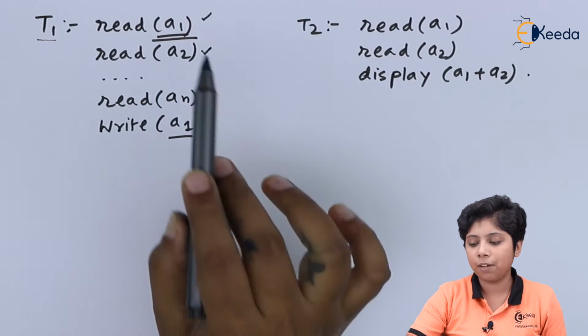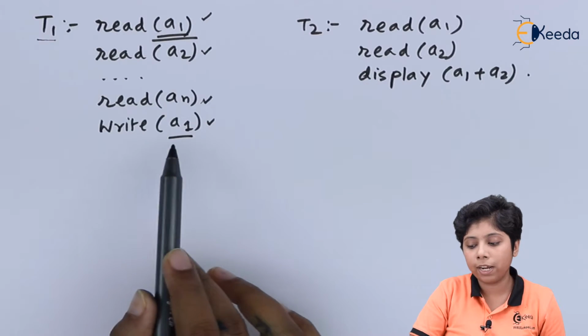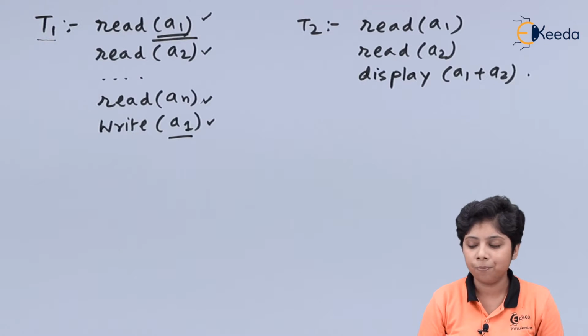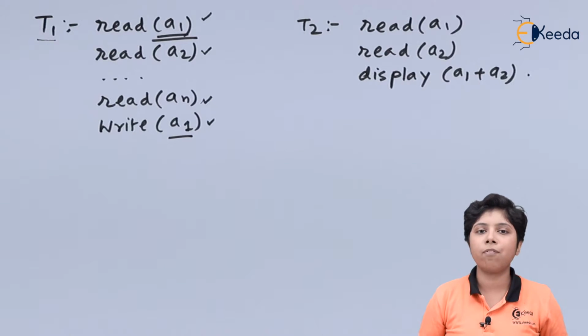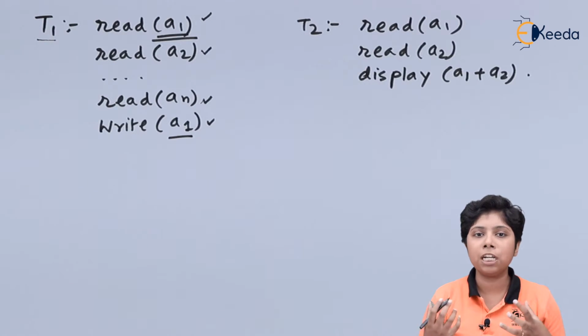Now what happens if the shared mode is available on A1? We can acquire an exclusive mode on A1 by just converting the lock, that is upgrading. Now what happens if an exclusive lock is first needed by a transaction, and now we need only reading on that data item? We can downgrade it, so that we have only a shared lock in place of an exclusive lock.